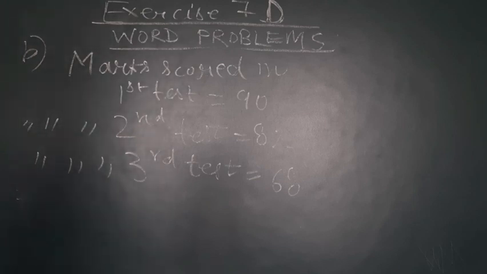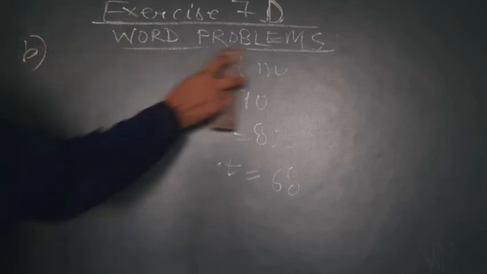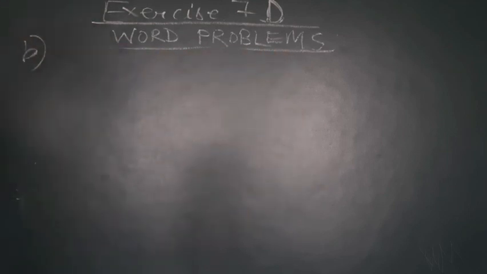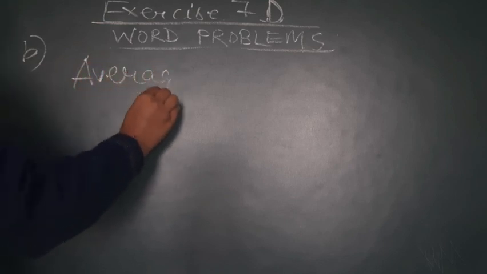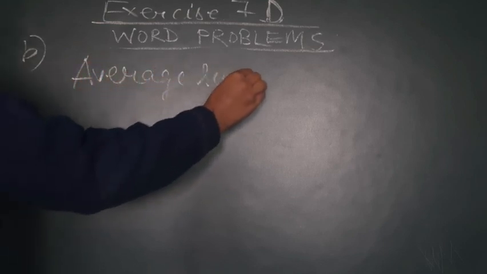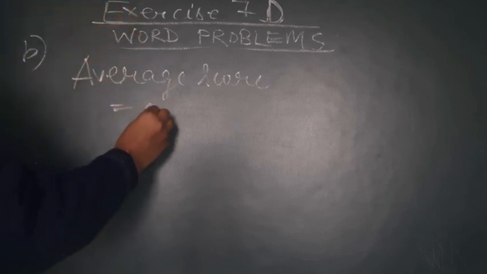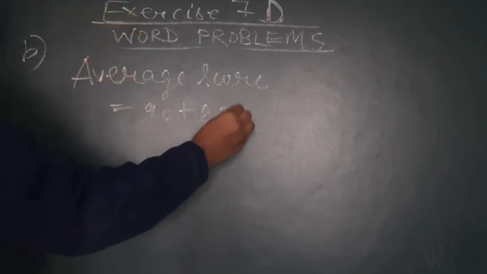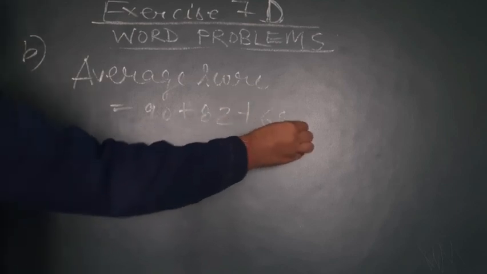Now to find out the average of the marks scored in 3 tests, what we have to do? What is the formula for average? Sum of observations upon number of observations, okay? So average score is equals to, so let me write the next statement. Average score is equals to 90 plus 82 plus 68 upon 3.